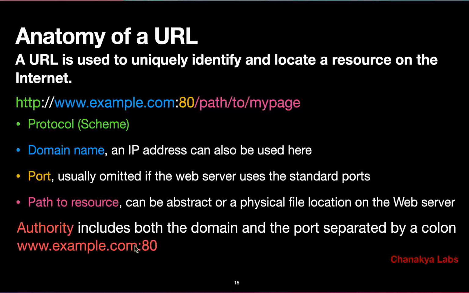So just a new terminology: domain colon port, that part is called authority. In short, whatever is between the double slash and the first single slash is called authority, which will have the domain name followed by the port, separated by a colon.